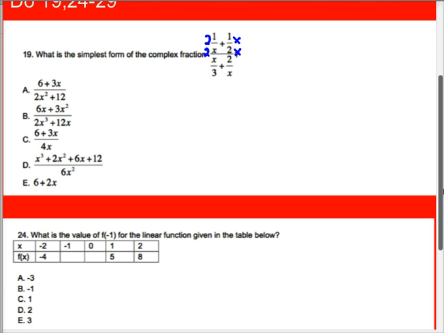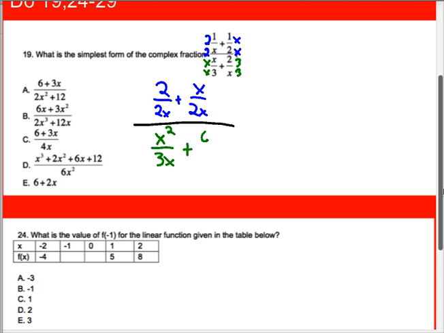So that's going to give me 2 over 2x plus x over 2x. Then on the bottom, I need another x over here and 3 over 3 over here. So that's going to give me x squared over 3x and 6 over 3x.